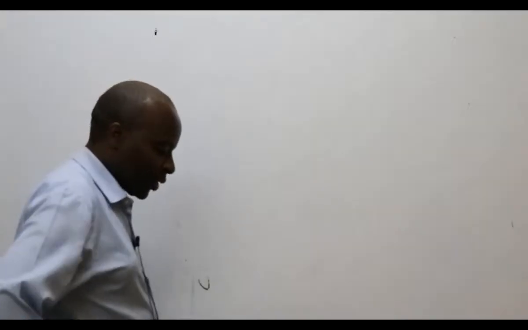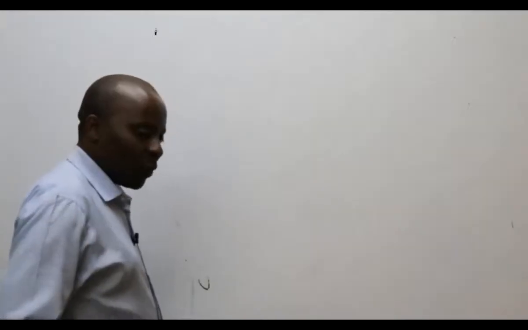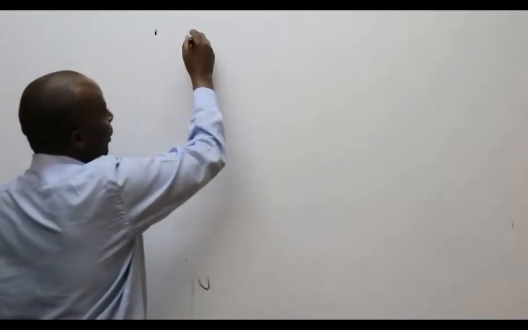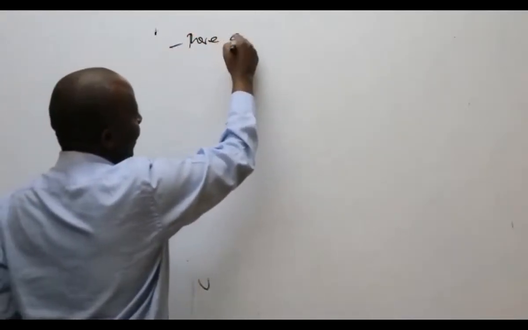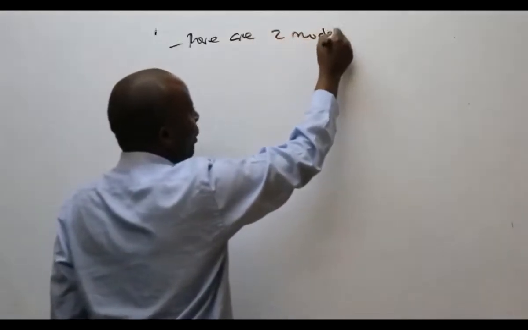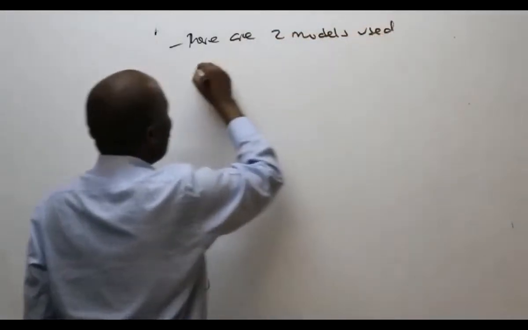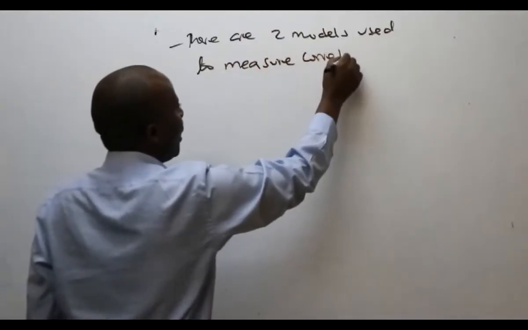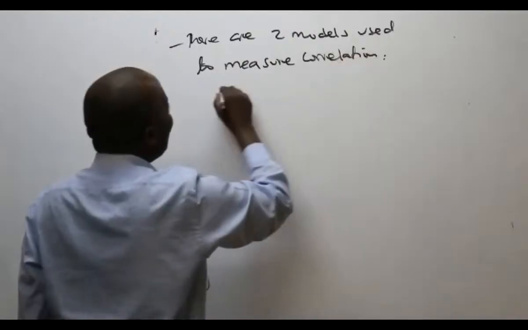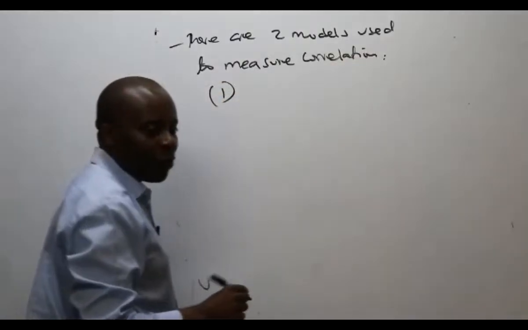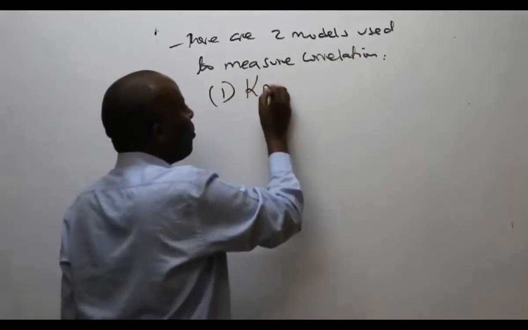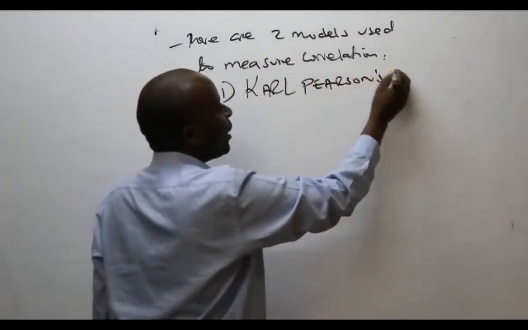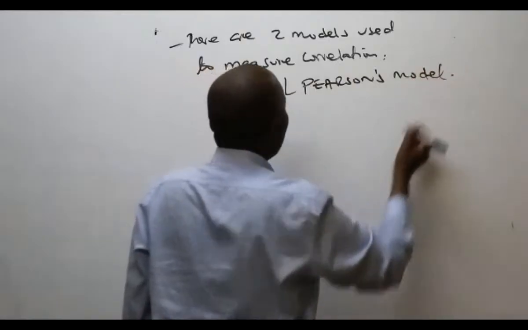Ladies and gentlemen, for us here, there are two models which are normally used to measure correlation. So there are two models. We're writing our notes there that there are two models used to measure correlation. Number one, ladies and gentlemen, we have what we call the Karl Pearson's model.